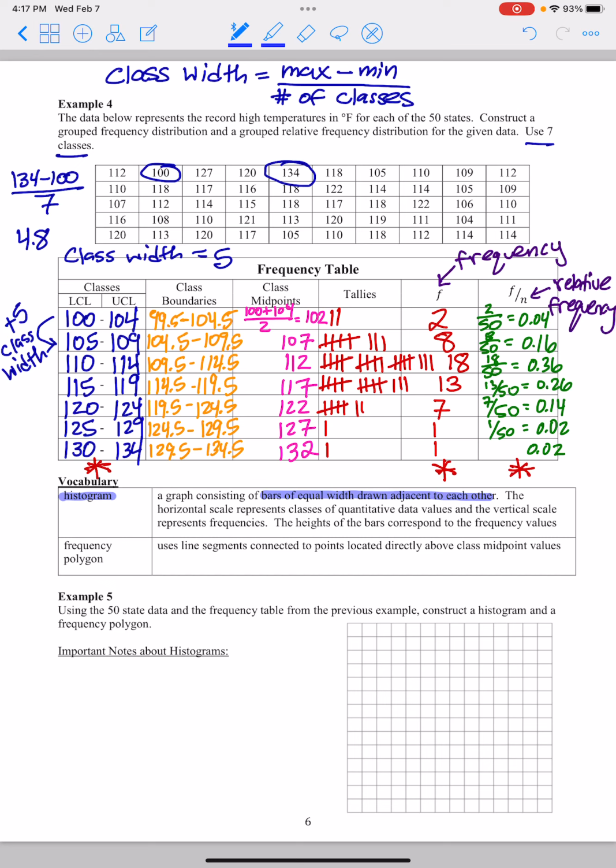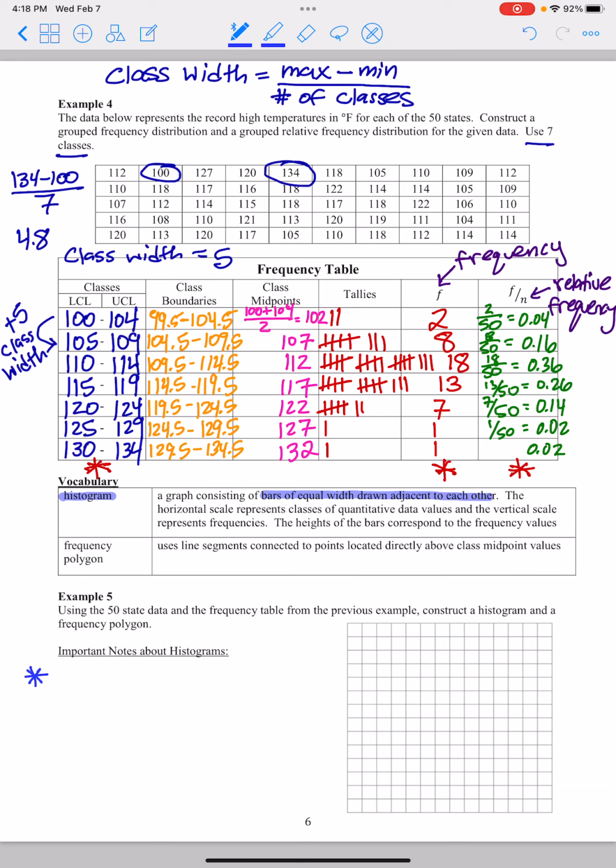And so down here, example 5 is going to have us construct a histogram and a frequency polygon. So some important notes about histograms.